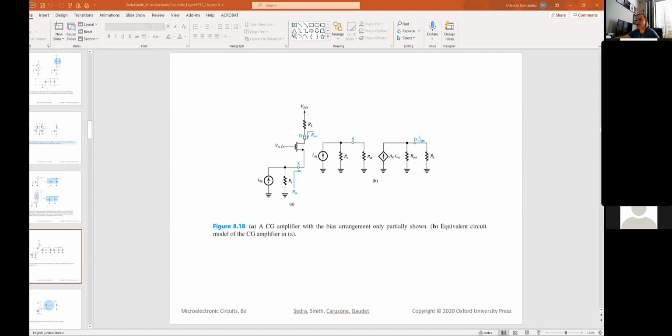Okay? This is the equivalent circuit of the common gate amplifier, where we have the input into the source. So that is our current from the drain of our original common source amplifier. And here's the current gain at the output, the drain. And then this is our original load.